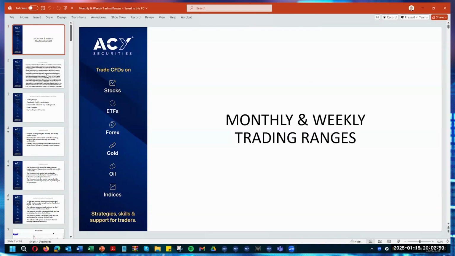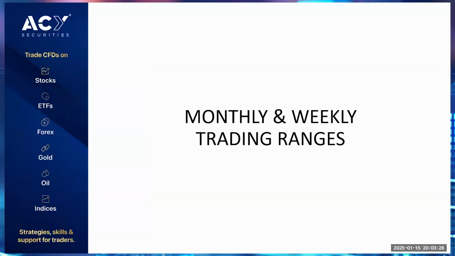So I'm going to assume that you know what support and resistance is and what a fib is, but I'll try and keep things relatively simple. In this presentation there are lots of examples showing the theory, but we'll go to the charts and I will show you how I would do it in real time. So let's get into it.